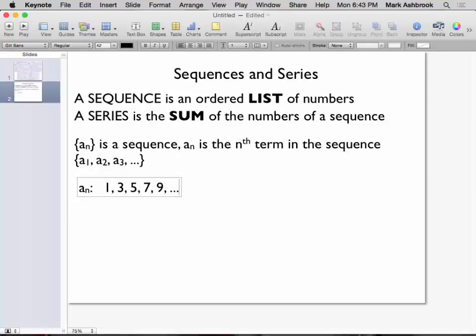So when you just leave it with the ellipses like that, dot, dot, dot, that means it's an infinite sequence. This just keeps going on forever. Okay, so what is a3? 5. a3 is 5. Okay, what is a6? 11. Okay.